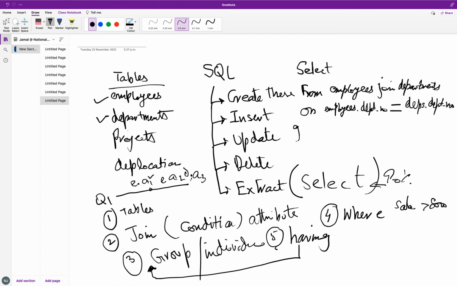So I would say group by employees dot department number. Here I can print count star. Count star will return the total number of rows for each employees department number.